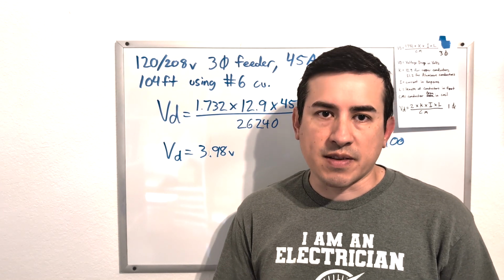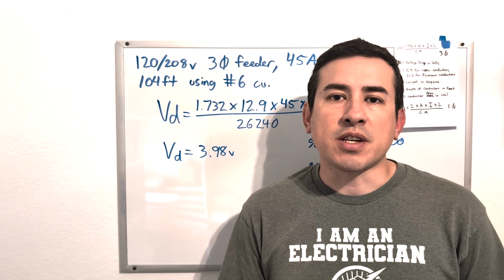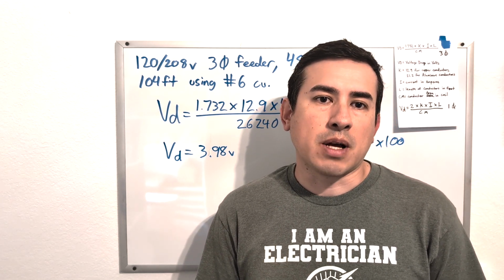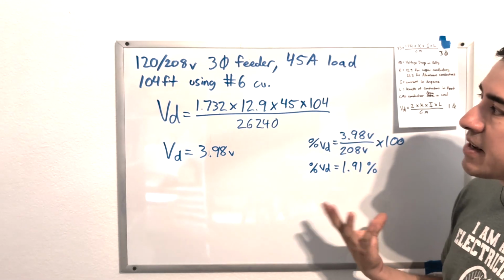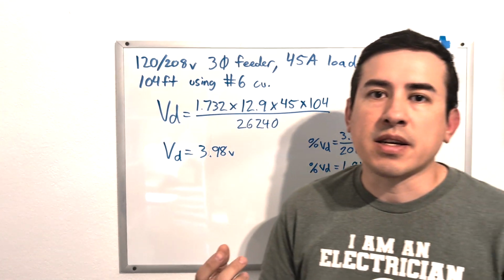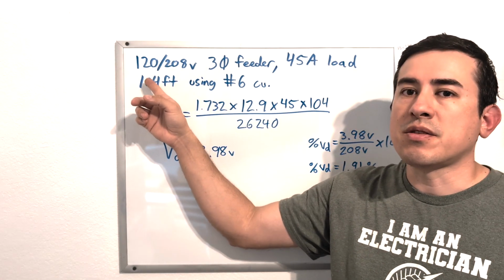You do want to take into consideration your more than 3 current carrying conductors, and you also want to look at your ambient temperature adjustment factors if those are applicable. So this is a good example of how you use both the branch circuit voltage drop calculation. If it's a branch circuit, you do 120.